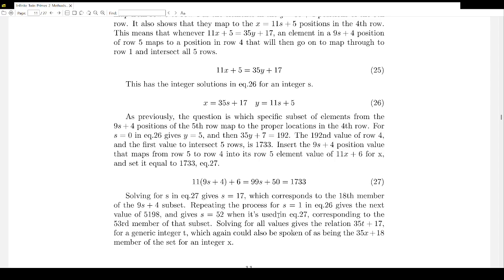And then you can use it in equation 27, corresponding to the 53rd member of that subset. Solving for all the values gives that relation 35t plus 17. Now that's our line that just gives us all our positions for our s's, for our generic integer t, which again could be spoken of as being the 35x plus 18th member of the set for an integer x. Great.